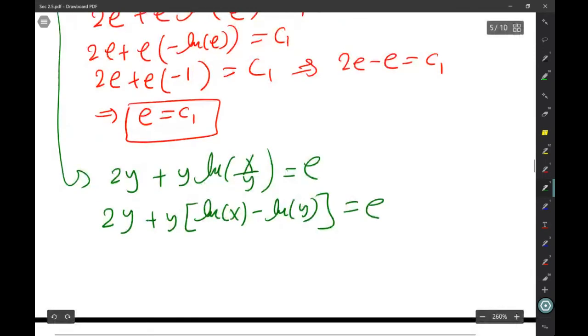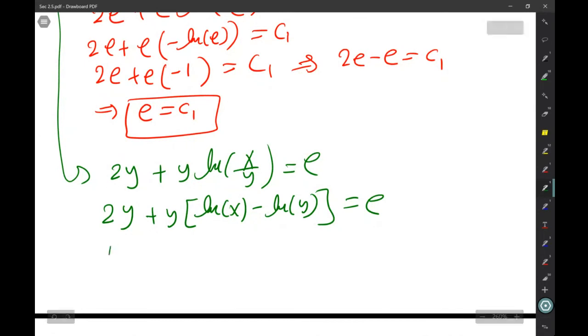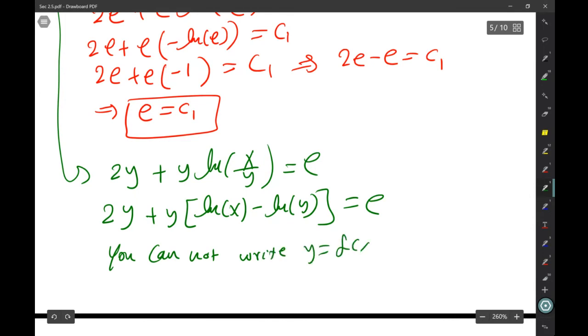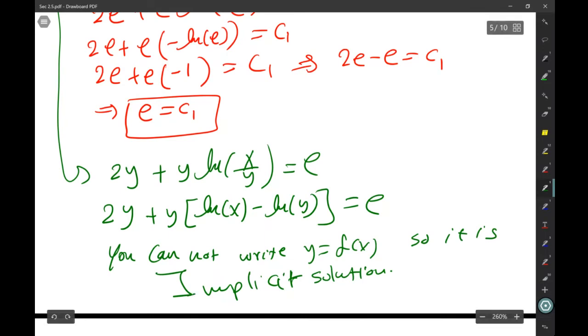Now you cannot separate here, so it is an implicit solution, because I cannot separate y as a function of x in this solution.